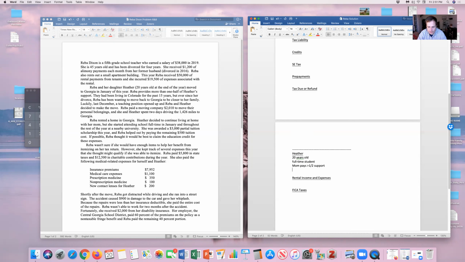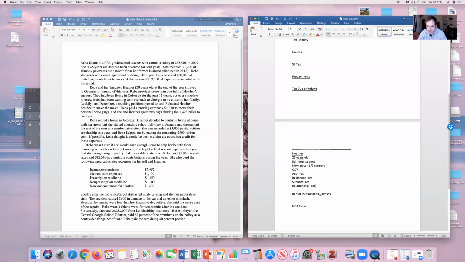So, is Heather a qualifying child? Age? Yes, because she is younger than 24 and a full-time student. Residence? Yes, she lives with her mother other than absences for school. Support? Yes, the problem just tells us her mom provides more than half. And relationship? Yes, it's her daughter.